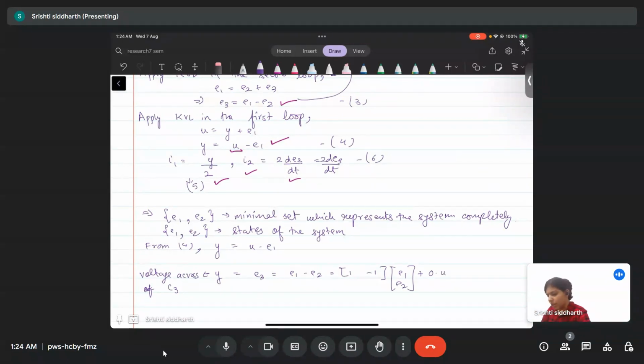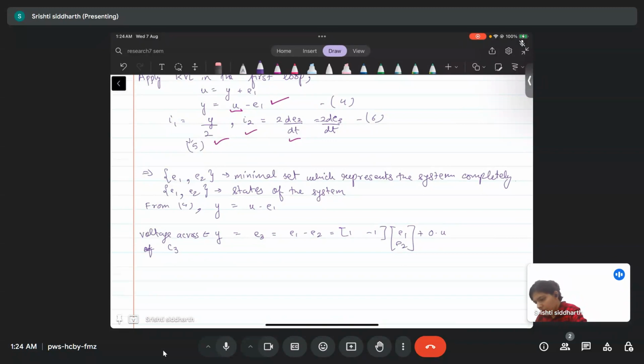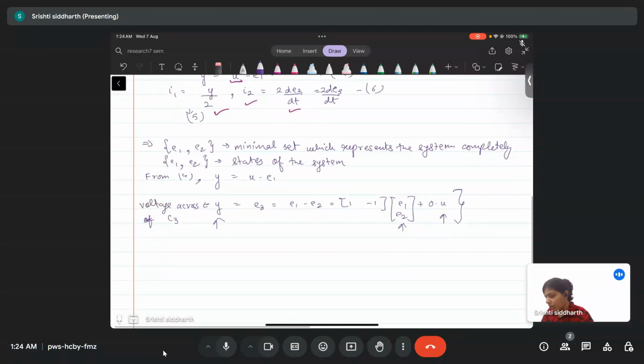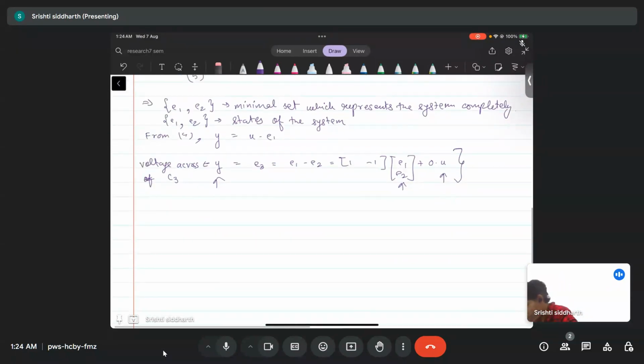Alright, so like we have the relation between output, the states, and the input of the system, we can also define in this way the evolution of the state.